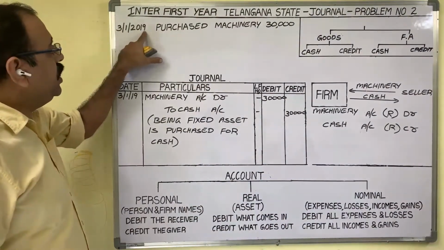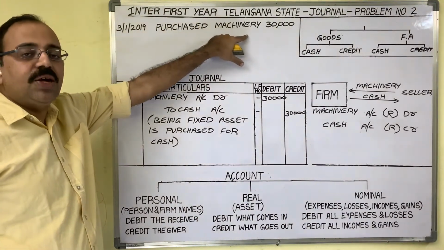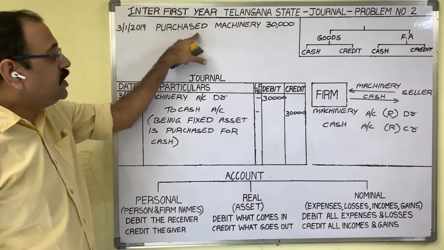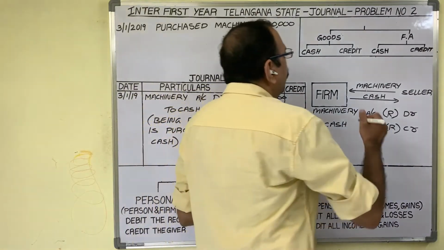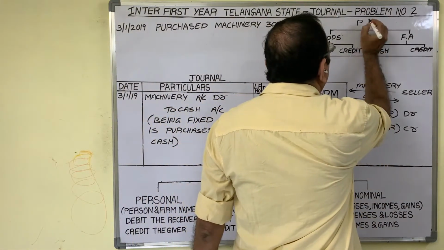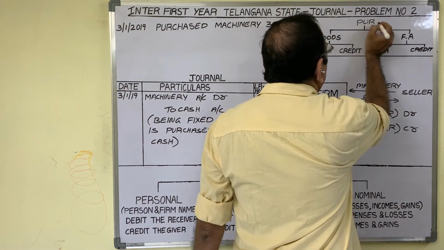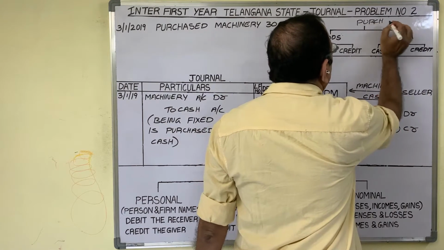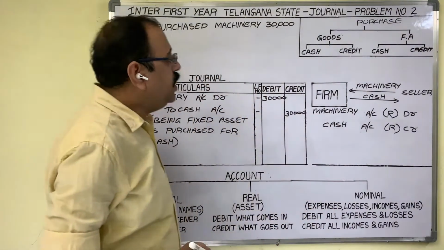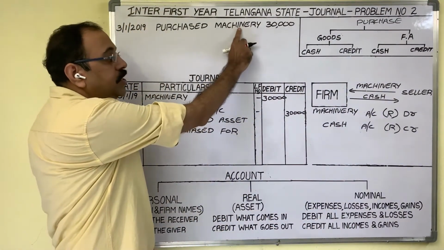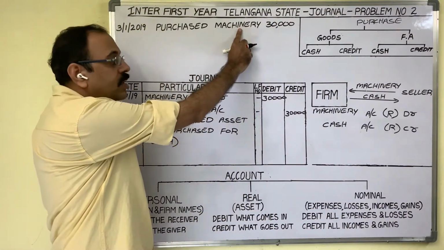Third date transaction is purchased machinery 30,000 rupees. Purchase transaction is given. Whenever a purchase transaction is given, we should observe 2 points. First one, what they have purchased, and second one, how they have purchased. Clearly it is giving that the firm purchased a machinery.